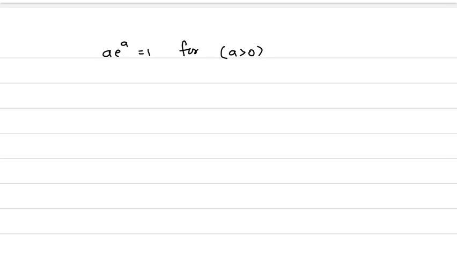From the discussions we had on the Lambert W function, here we will use the behavior of the Lambert W function. The solution for a into e to the power of a is equal to 1 implies a is equal to W(1).